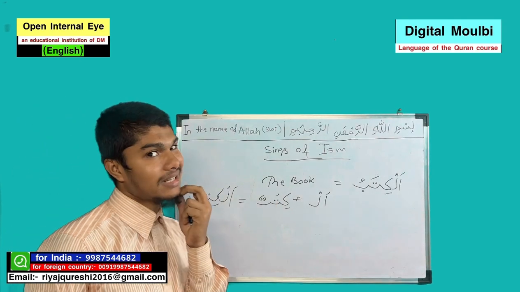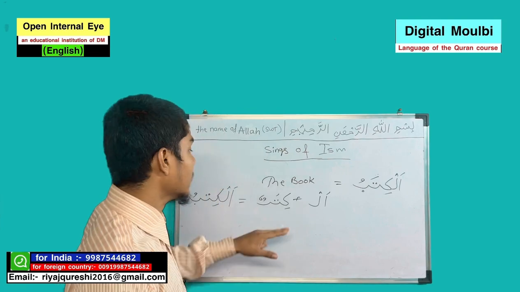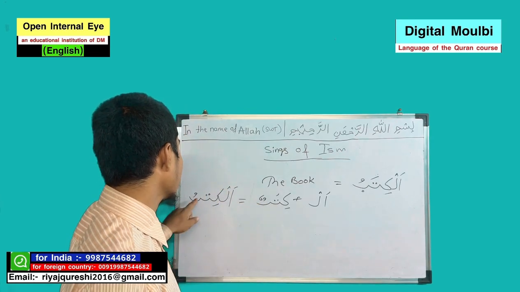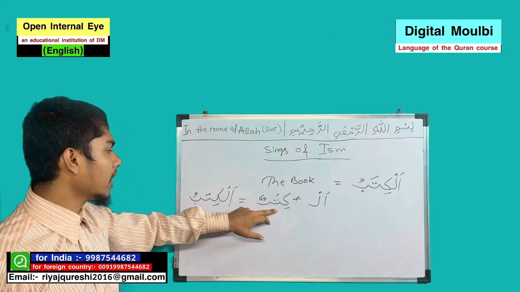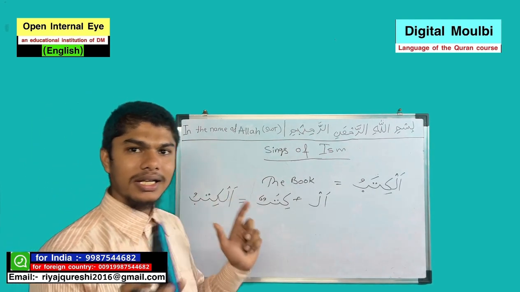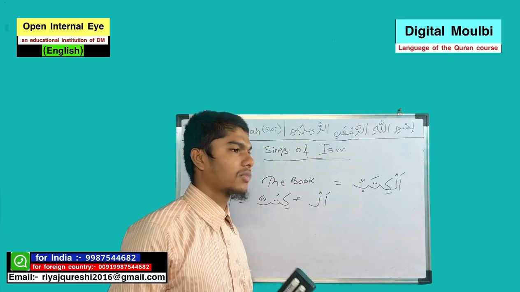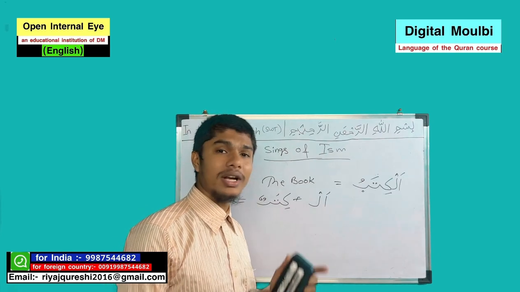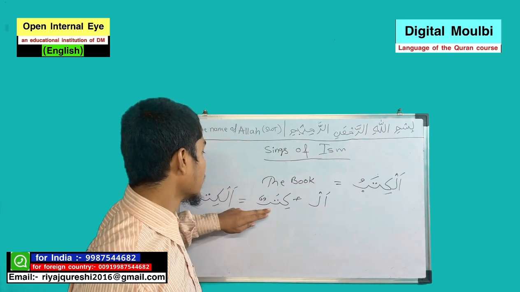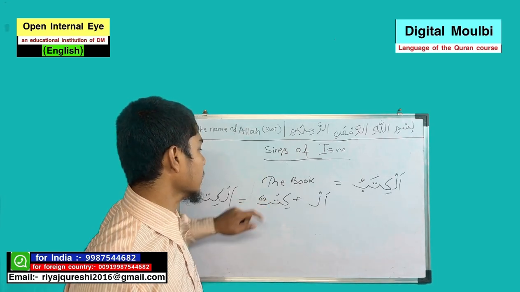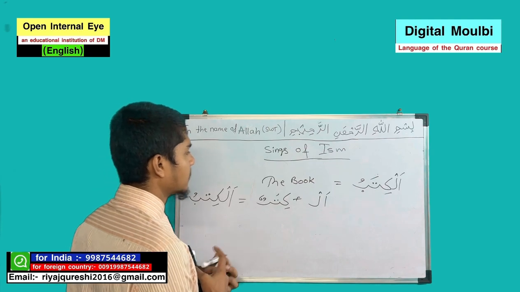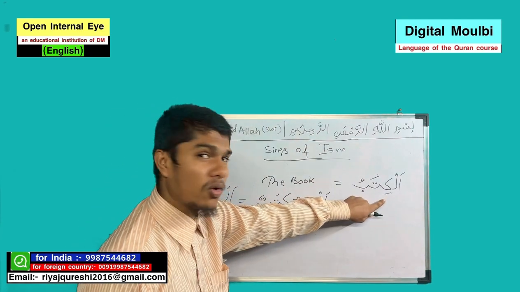When a word is written with alif lam, the tanween goes away and it becomes a single harakat. Normally a word always has tanween. So this is one of the signs.